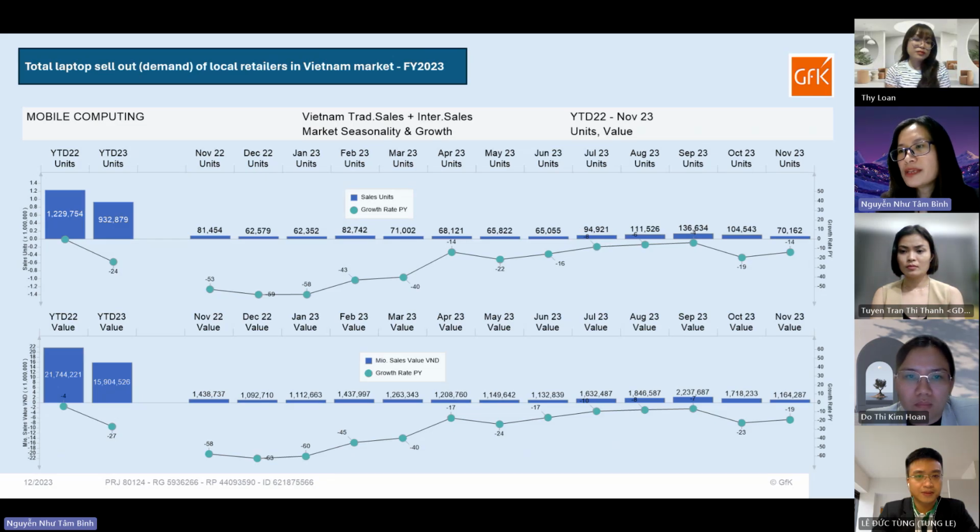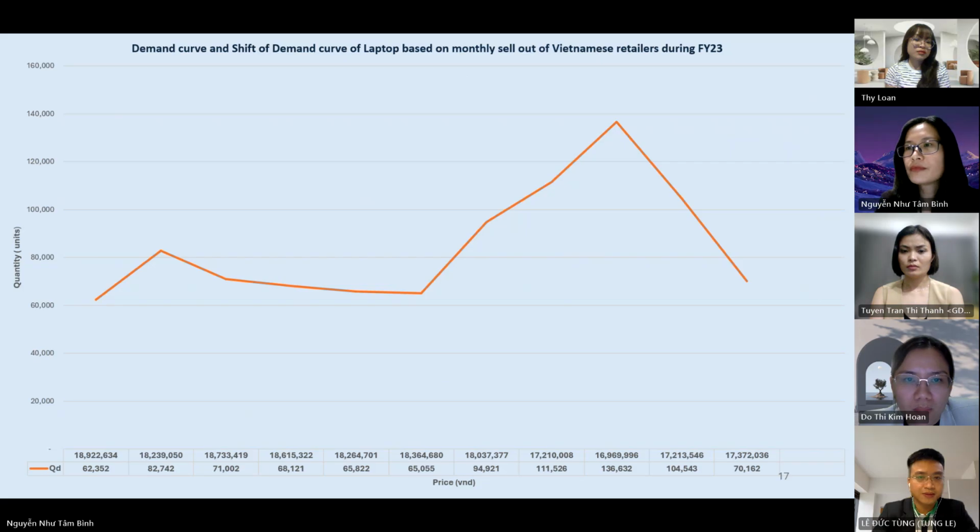So it means that the demand curve of 2023 shifted leftward in comparison with 2022. However, if we look through monthly demand within only 1 year, I mean 2023, the demand tended to shift rightward from the beginning of the year, from January to the end of the year.